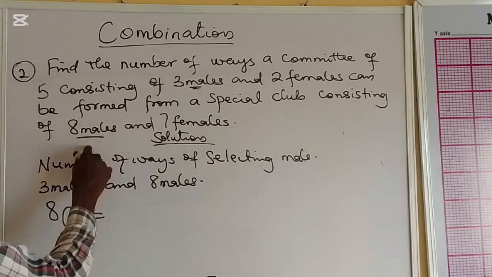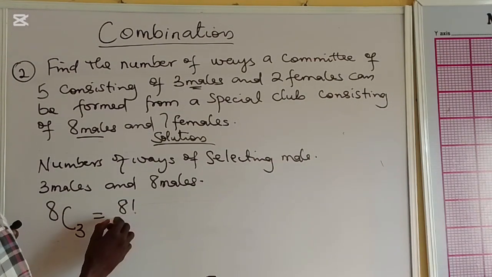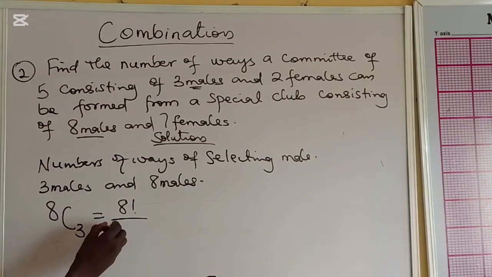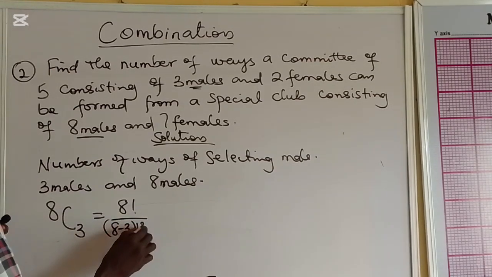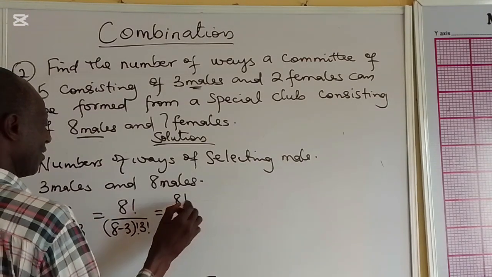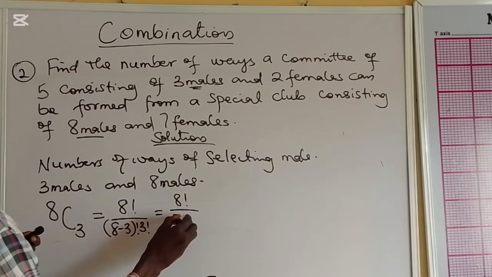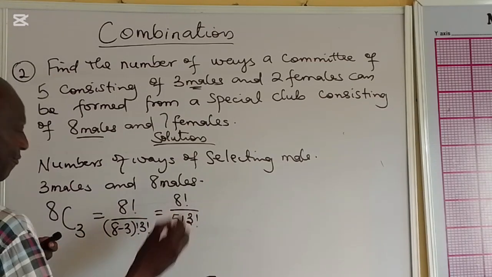If 8 was here, it would be permutation. Now, which means 8 factorial over (8 minus 3) factorial and 3 factorial. What is that? The same thing as 8 factorial. 8 minus 3 is 5 factorial and 3 factorial.